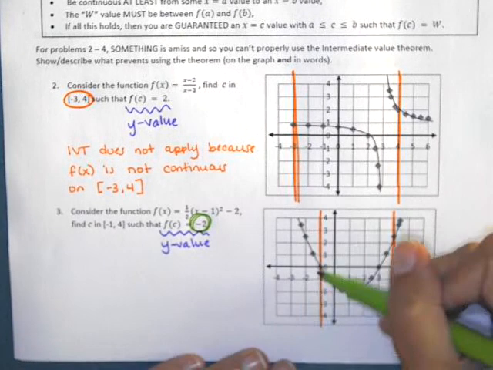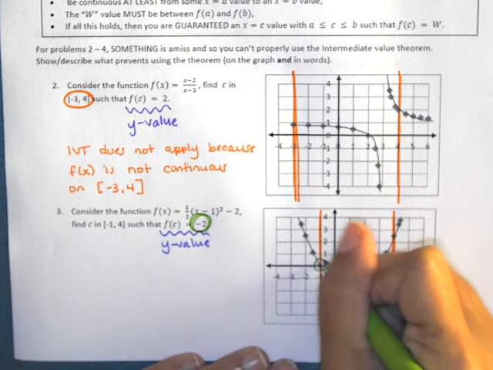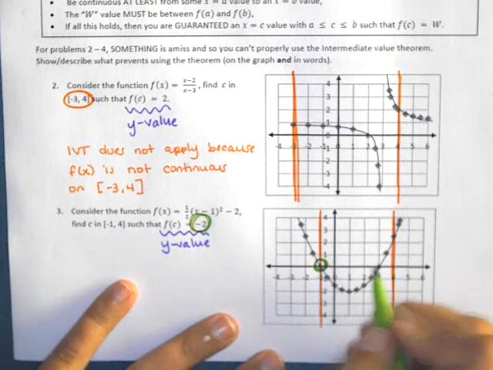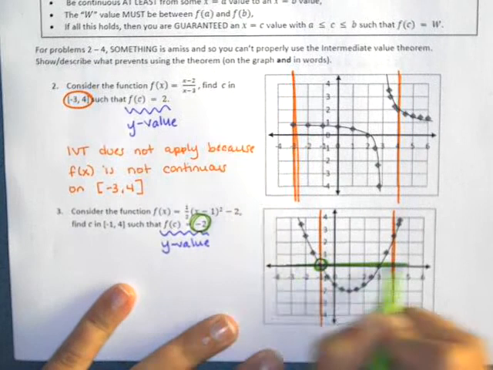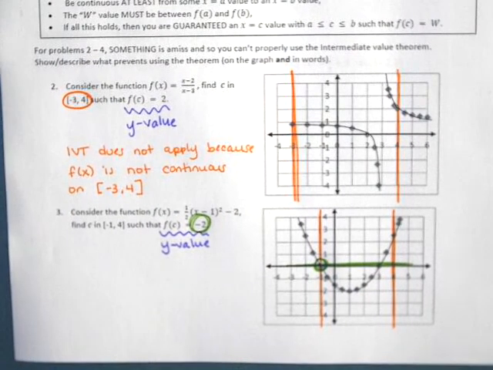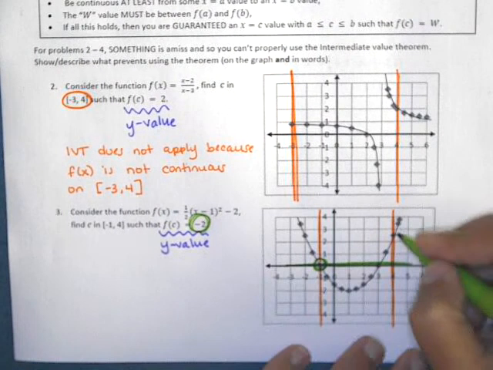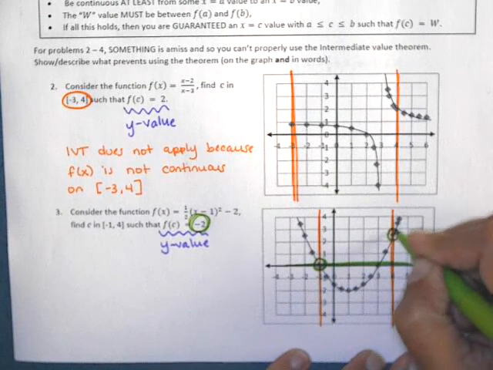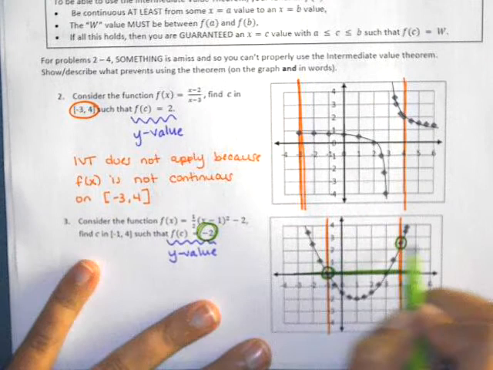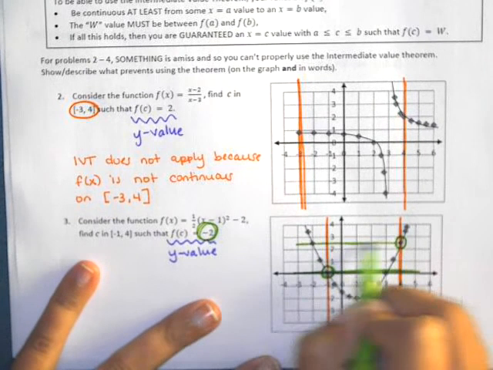So if I look at where x is -1, the point on the graph where that happens is here. So this, the 0, is my y value at that endpoint. Now, if I look at the points on the graph, the place where x is 4, the other endpoint, is here. So that's my other y value.